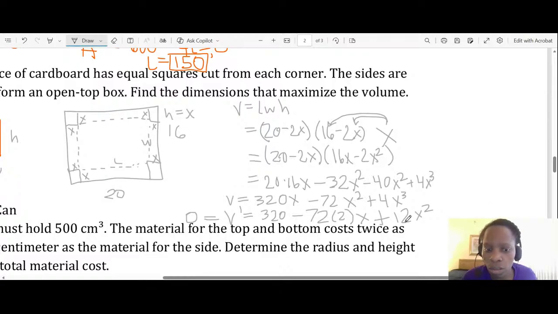Okay, so what happens when we combine these two, 72 and 72, 144? So what we can do is reduce this down a little bit.